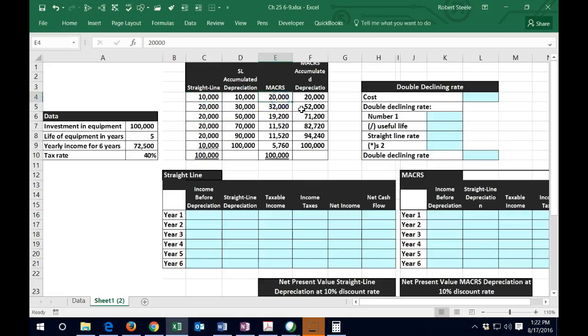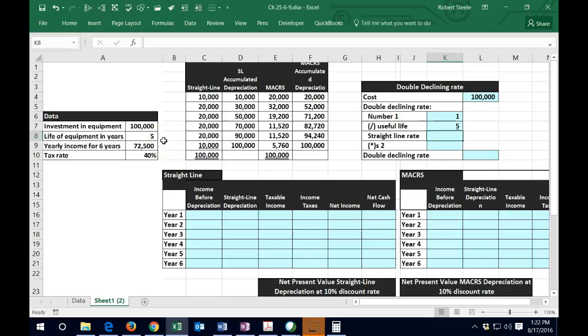MACRS is going to be over here. This is going to be similar to a double declining rate. It's not exactly double declining, but just to give an idea of the first couple of years, how would we calculate something like this? We'd have the cost, the 100,000, and I'm just going to do this the short way to get the straight line rate, which is 1 divided by 5, meaning it's 5 years.